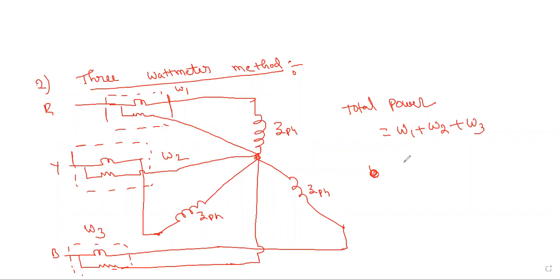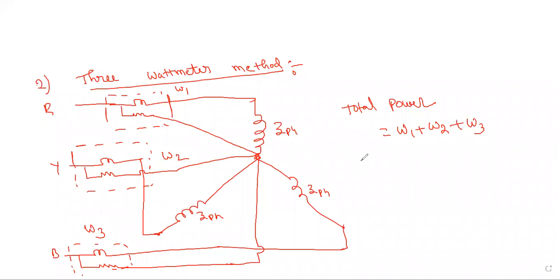Suppose it is a balanced load, we will go for the one-wattmeter method. We measure the power in only one phase and multiply it by 3. If the load is unbalanced, we will go for the three-wattmeter method, that is W1 plus W2 plus W3.